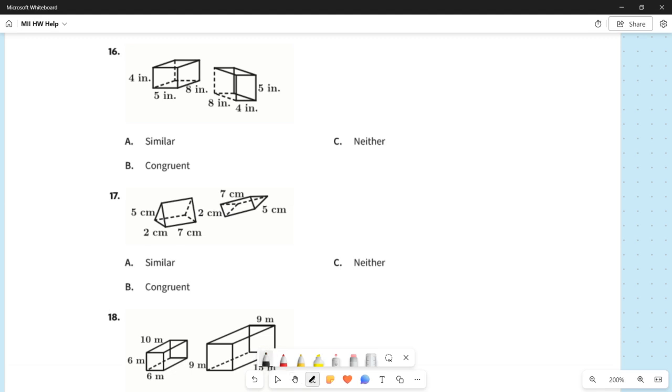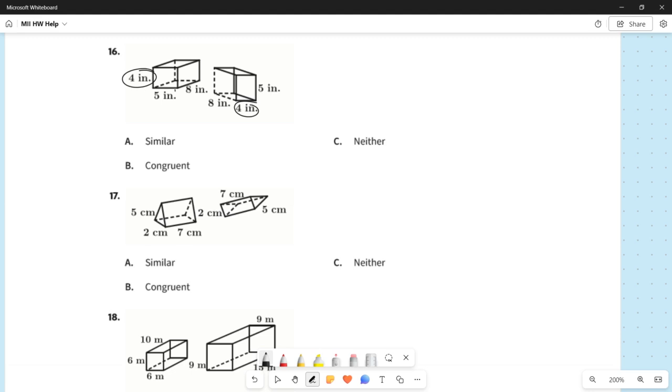It just means that each dimension has to appear in the other figure in some capacity. So for the figure on the left, we have 4 inches as our height, and on the figure on the right, 4 inches is our width. Well, that's actually fine, because again, they don't have to be in the same position. You are allowed to move the prism, and all we've done here is move it, so now 4 is no longer the height, it's the width.